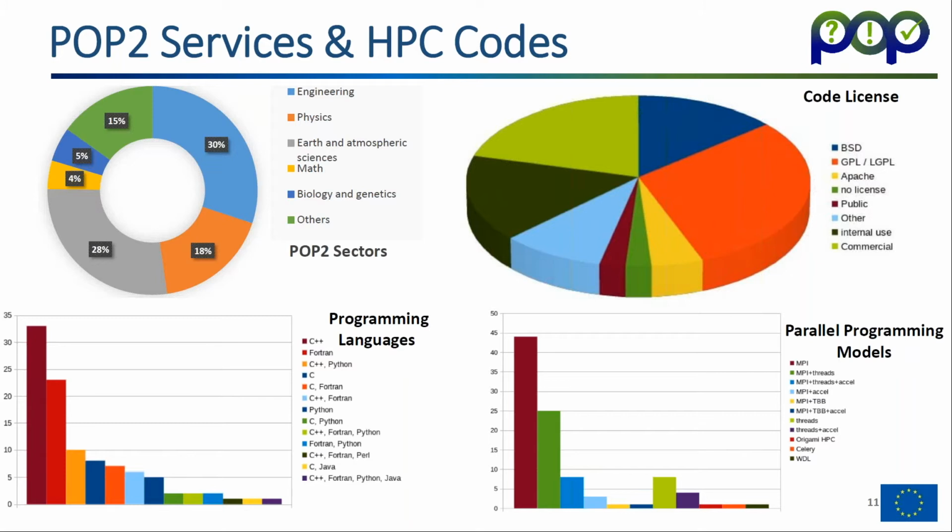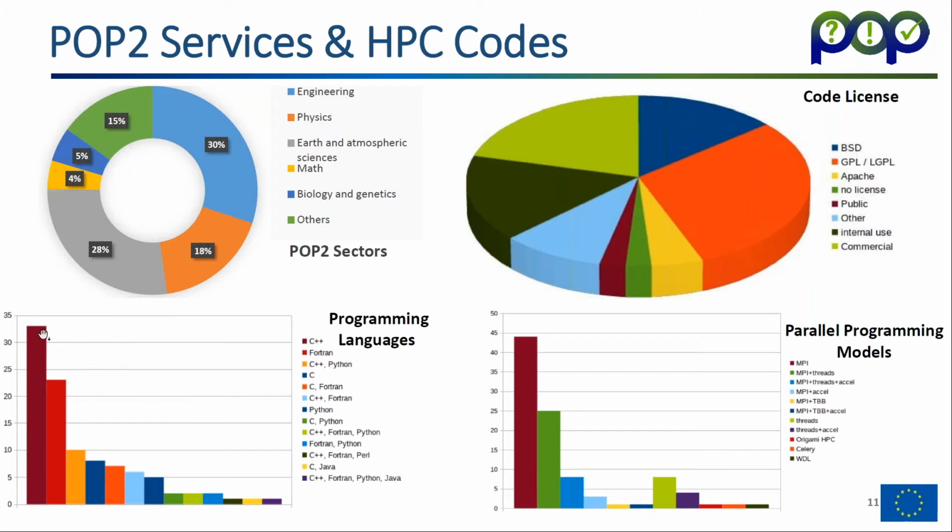And so that's why we have, in the Center of Excellence, we've been analyzing applications from a range of sectors here. CompBioMed is probably in the biology sector as we define it here, so that's where about 5% of our services have been done. But we're dealing with a range of programming languages.